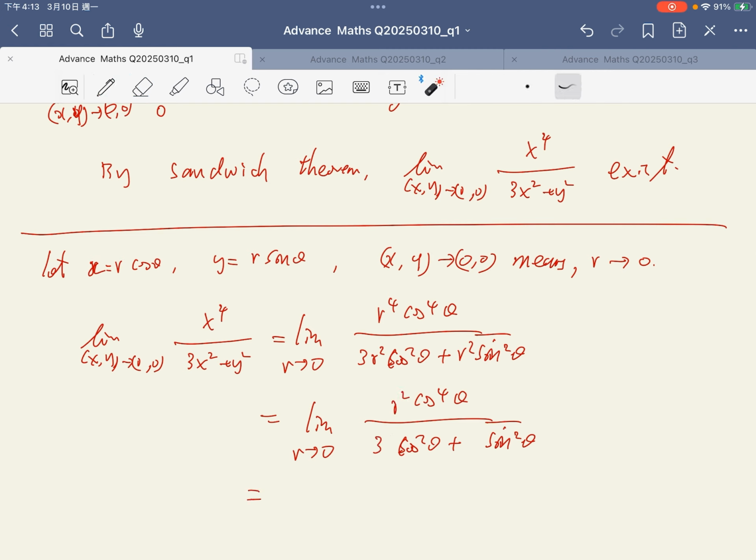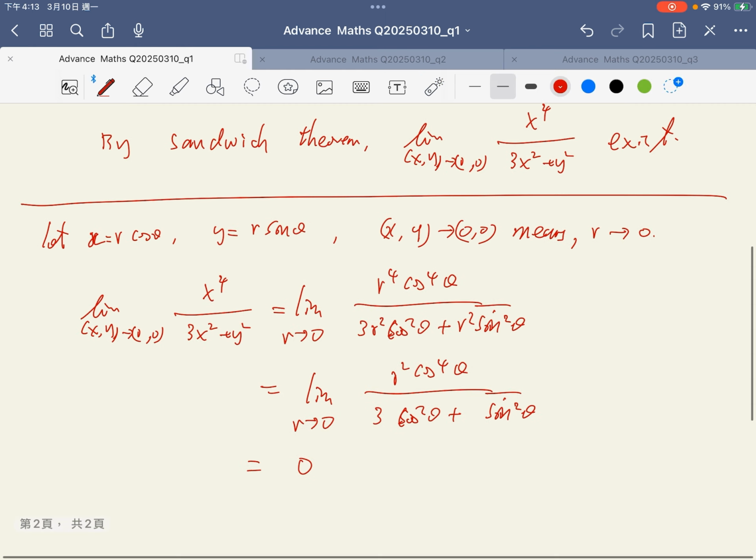For the denominator, we don't know the exact value because theta is varying, but this factor is bounded. A bounded function times r squared, which tends to 0, tends to 0 overall. Then the limit is 0.